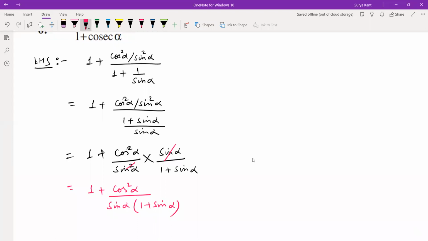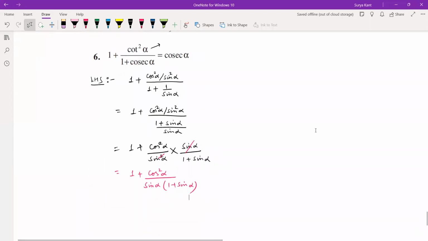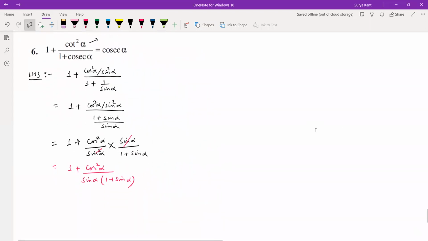Why am I writing it like this? Because cos square alpha again we can write as 1 minus sine square alpha, okay? So I'll just convert again, 1 minus cos square alpha, what can I write? 1 minus sine square alpha. Can I write like this? Yes. Divided by sine alpha 1 plus sine alpha.